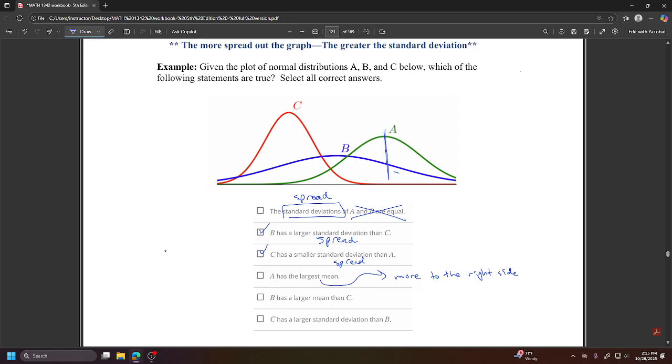Yes, that's correct. Okay. Does B have a larger mean? Again, is B more right than C? Yes, again. And C has the larger spread than B. Is that a correct statement? No. C has a tightness. It's not more spread out. So that's false.